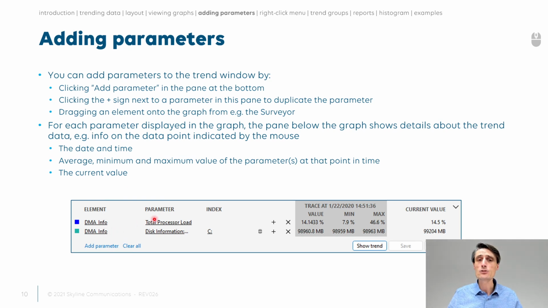For each parameter that you add in a trend graph, you have the color coding, where your mouse currently is located, the time, the min, the max, and the value, and also the current value of now, not from the trace at where your mouse is. The current value is also conveniently indicated there.